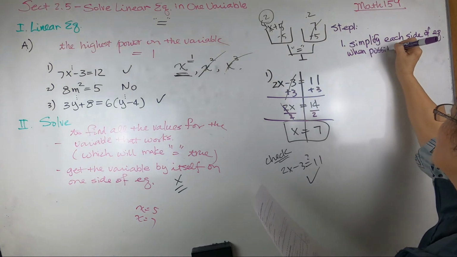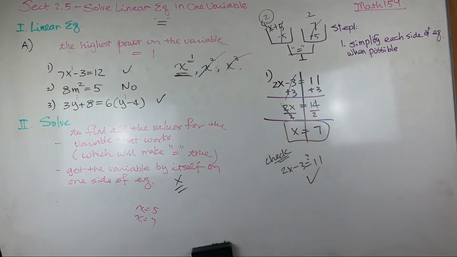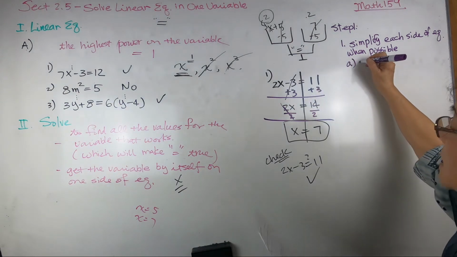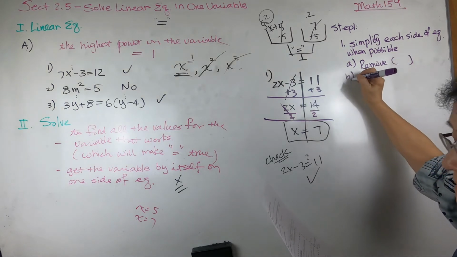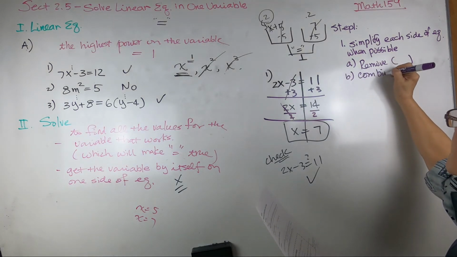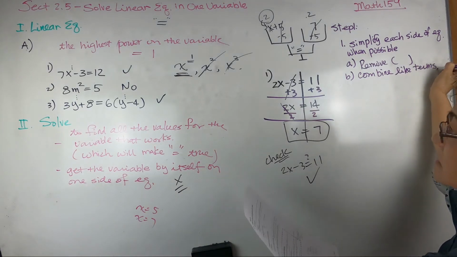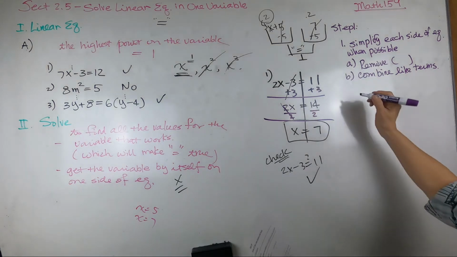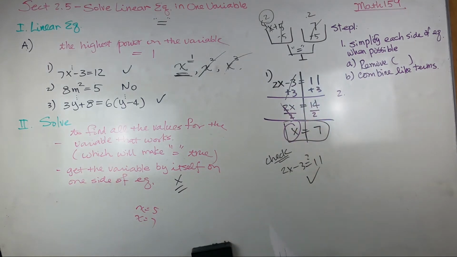Before we solve it, we want to make things as simple as possible so we can identify the result, right? To simplify means you don't want to have parentheses, and you combine like terms. You put the x's together, okay, then you end up getting x by itself.